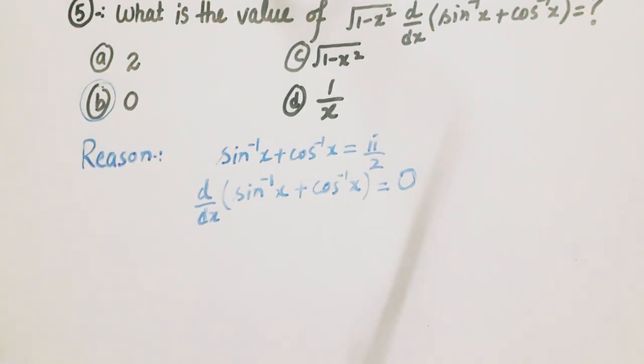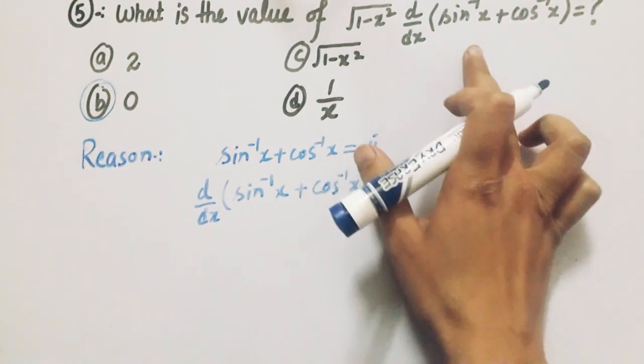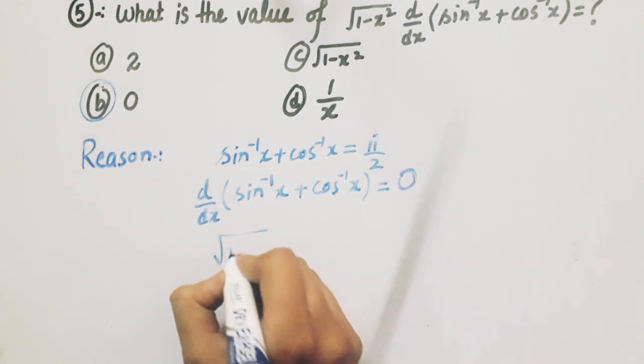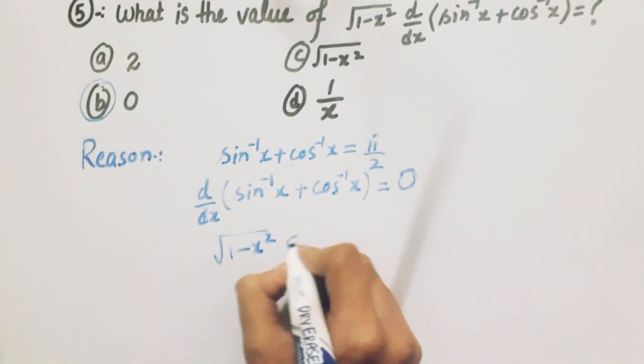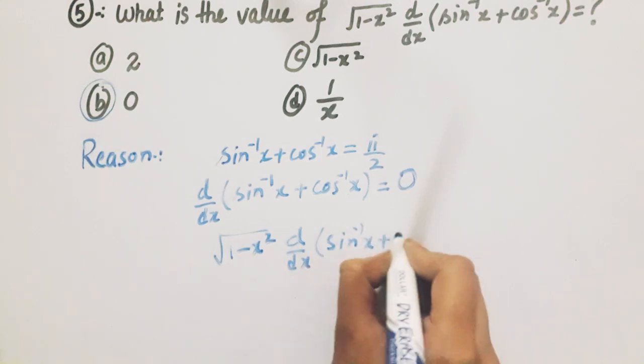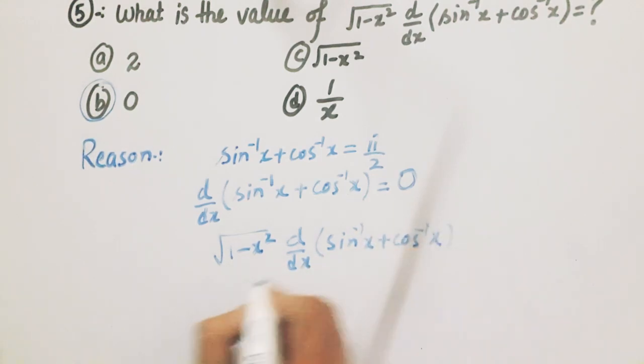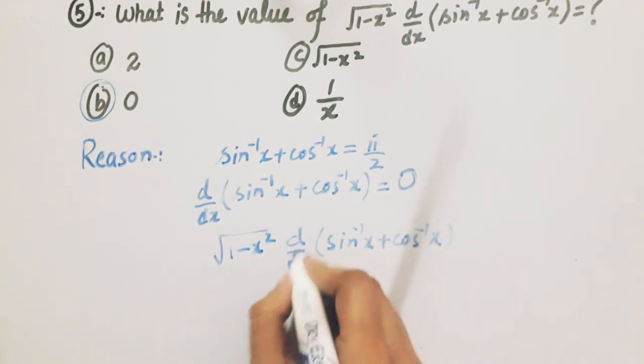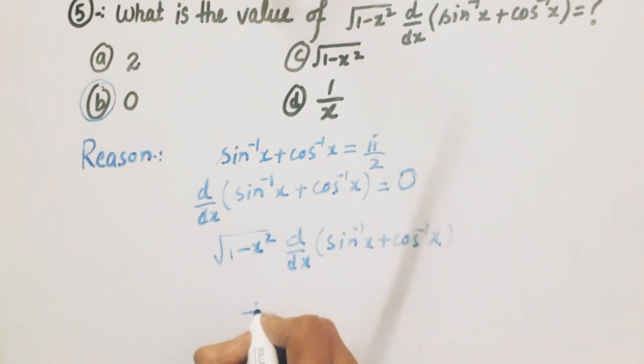So in the question we have square root 1 minus x square into d by dx of sine inverse of x plus cos inverse of x. So this will be equal to 0 because d by dx is equal to 0. So your answer will be 0. So this is the correct option.